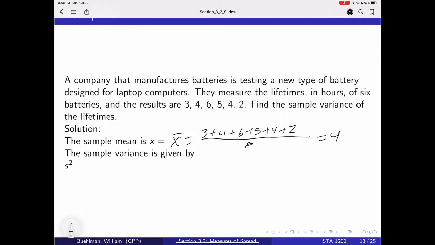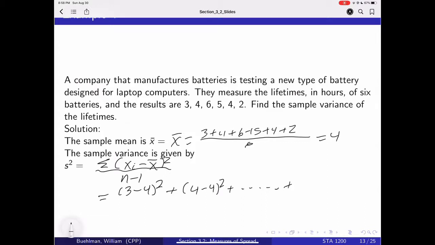And sample variance is the summation of the xi's minus x bar squared over n minus 1, which if we do that, we have 3, the first value, minus the sample mean, 4, squared, plus 4, the second value, minus 4, squared, plus, continue on, to 2, the last value, minus 4, the mean, squared, all over n minus 1, which is 6 minus 1.